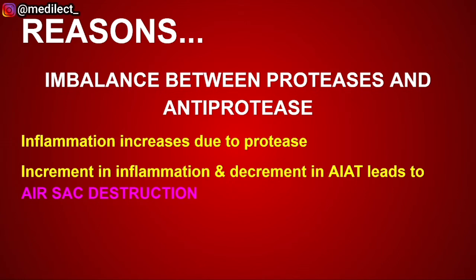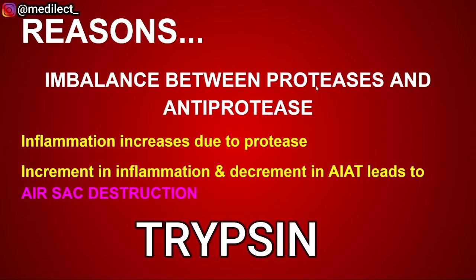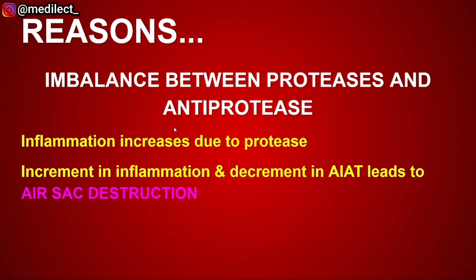So first of all, just remember, the protease we have is trypsin. The main protein over here is trypsin, and the antiprotease is alpha-1 antitrypsin. Now what happens? Whenever foreign particles enter inside our body, our neutrophils and macrophages release the protease enzyme, and this protease enzyme causes the destruction of those foreign particles, and because of this destruction it causes inflammation in the lungs.